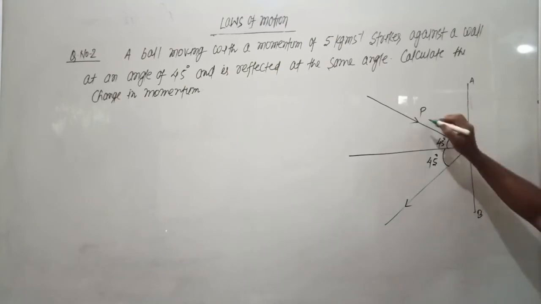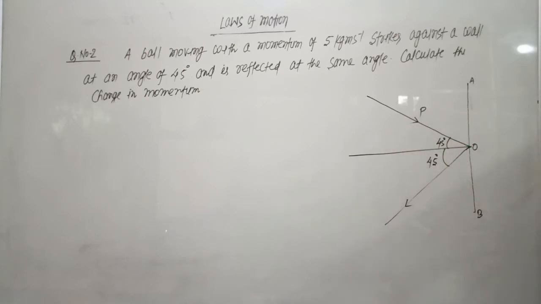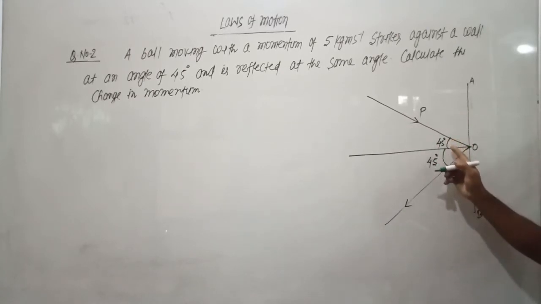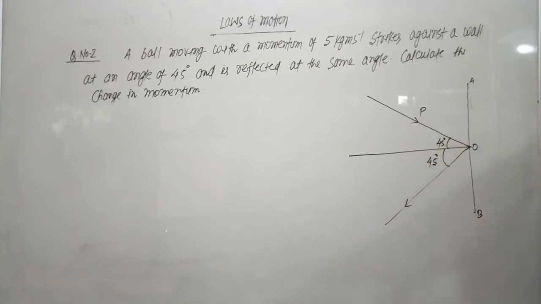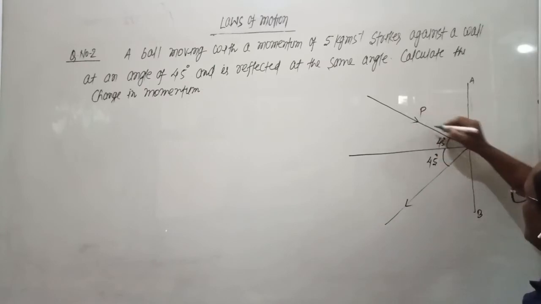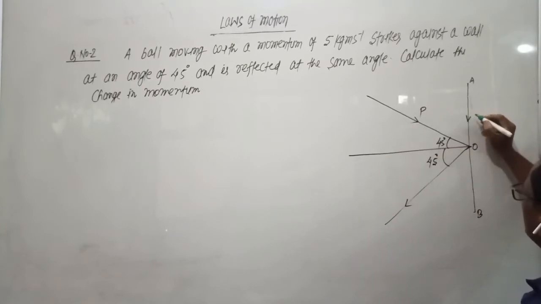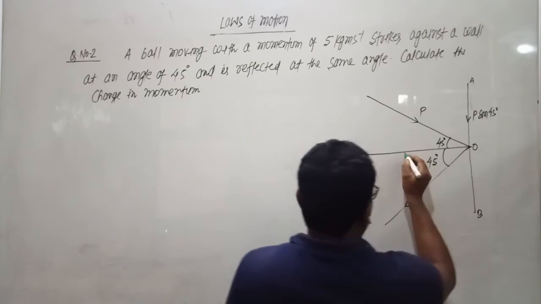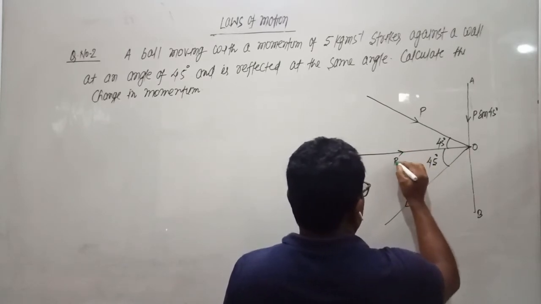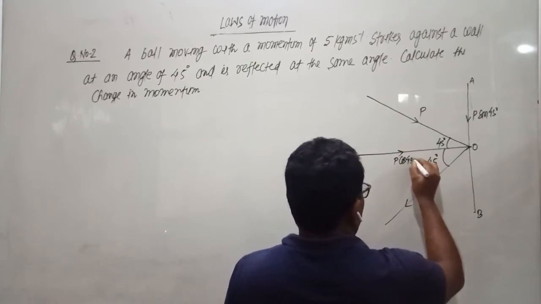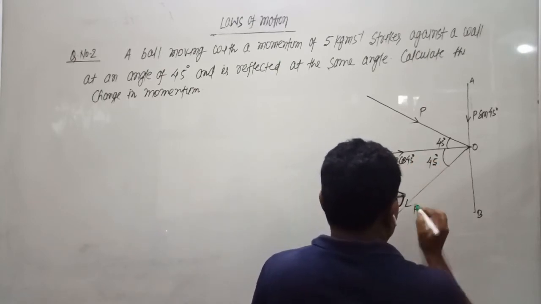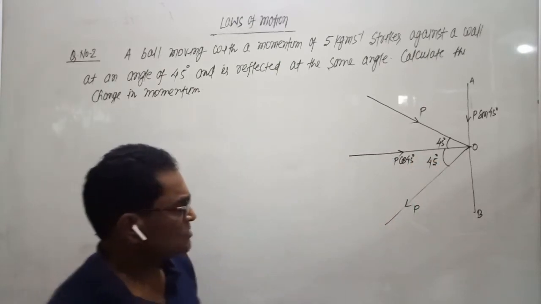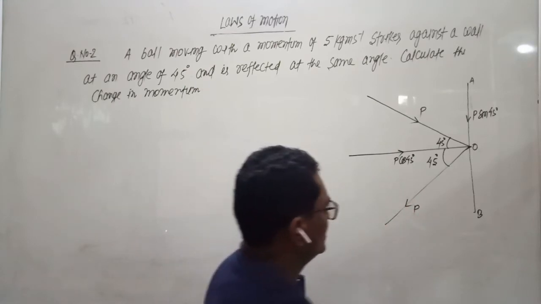Now there must be two components of the momentum, because it is making an angle of 45 degrees with the horizontal. So the vertical component of this P is P sin 45 degrees, and the horizontal component, which is inward, is P cos 45 degrees. In the same way, this is again momentum, so it also has two components.